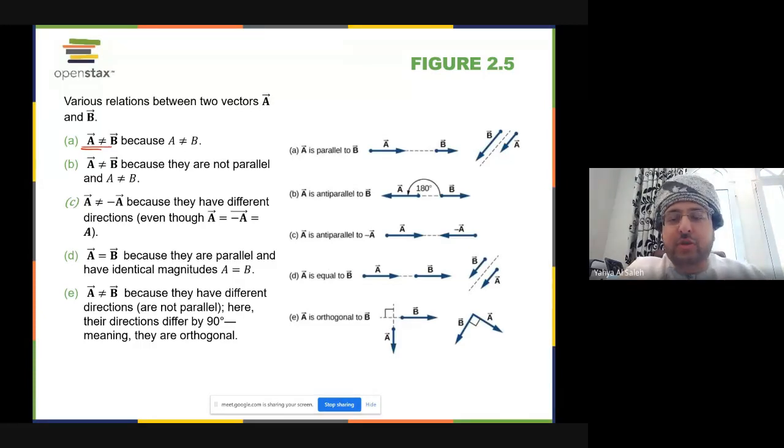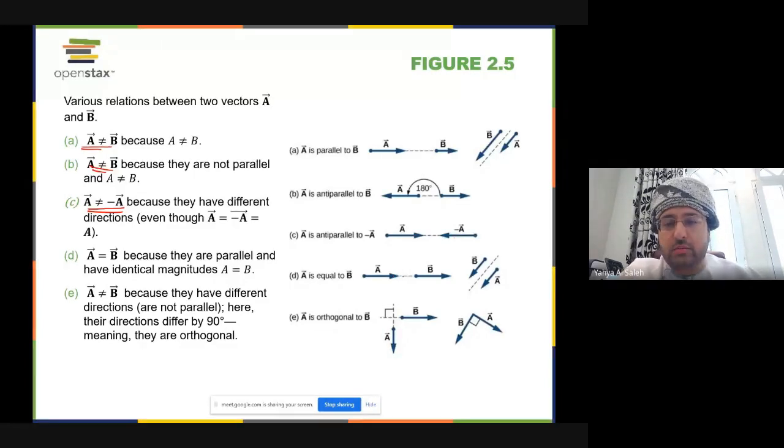In the second option, they are the same length, but they are in opposite directions, so not the same direction. Again, they are not equal. Here they have the exact same length, but opposite directions, or not the same direction. Again, not equal.